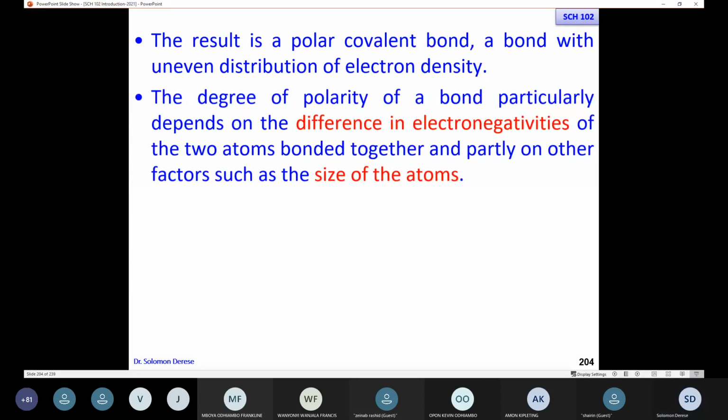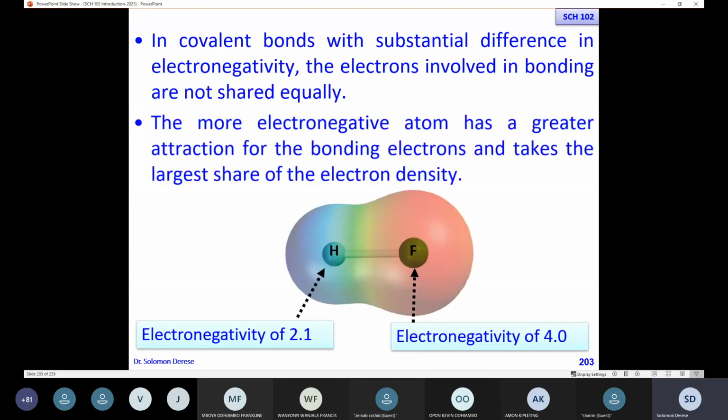Okay, so how polarized a particular bond is depends, most importantly, on the differences in electronegativity of the atoms that are bonded. For example, in this particular case, we have a covalent bond between hydrogen and fluorine.